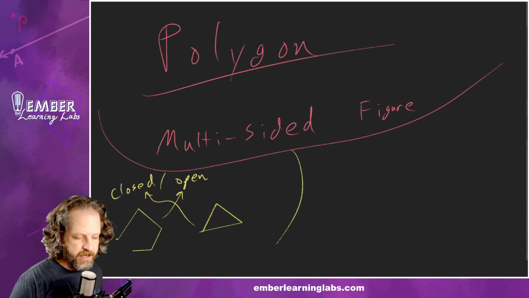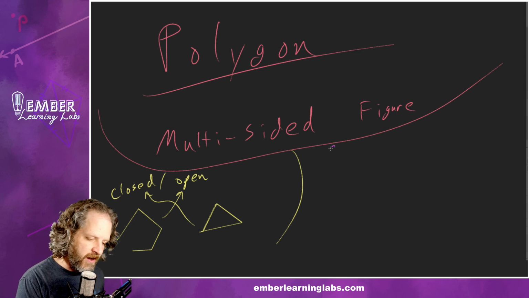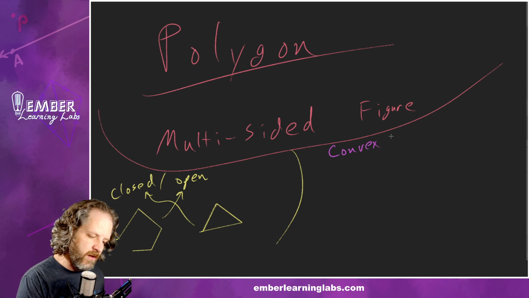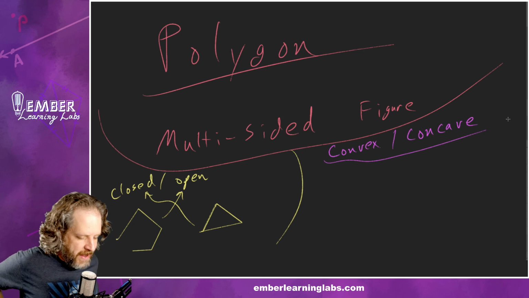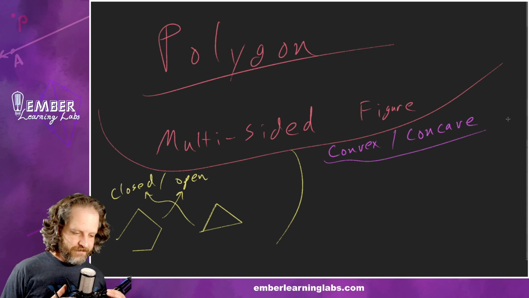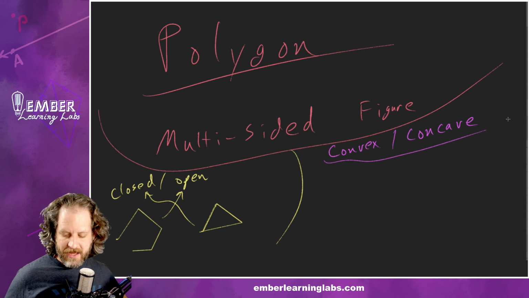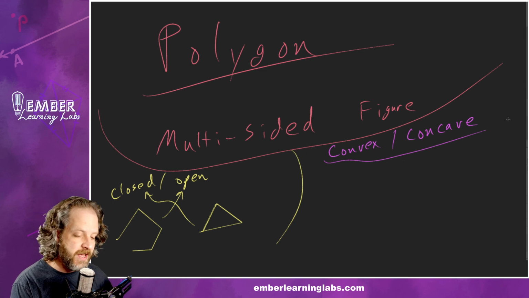Then the last bit of preemptive vocabulary is convex versus concave. That's easy peasy. When I first learned these words, you may have heard this way of remembering before.